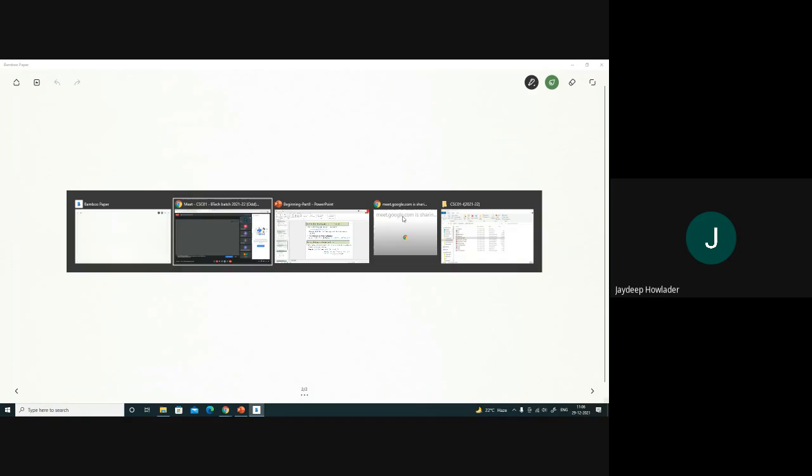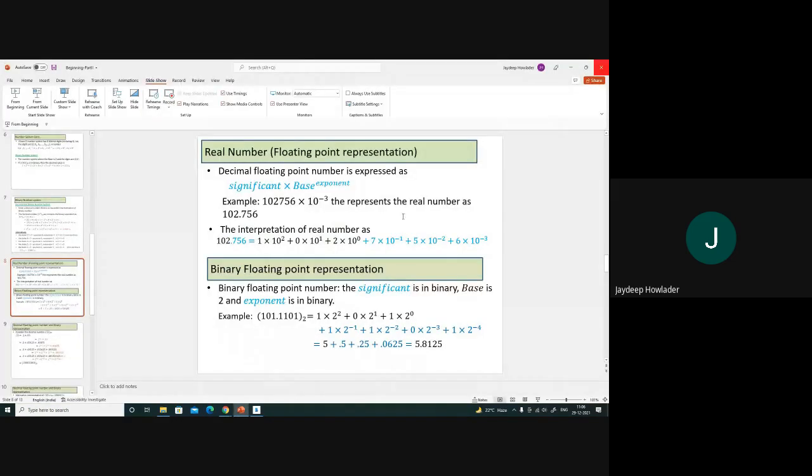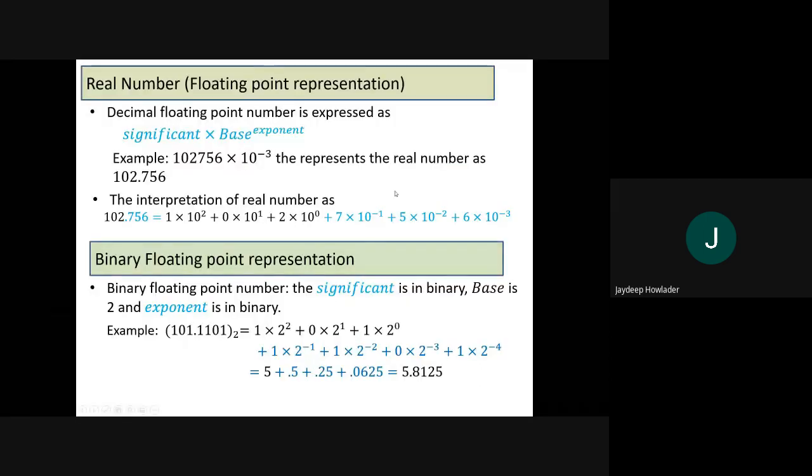Okay. So now we try to understand how real numbers, or a floating point representation, can be represented in the computer. Firstly, what do we mean by floating point representation?